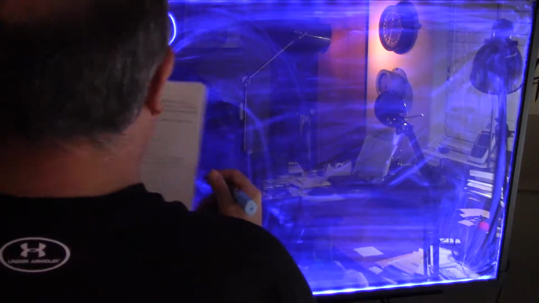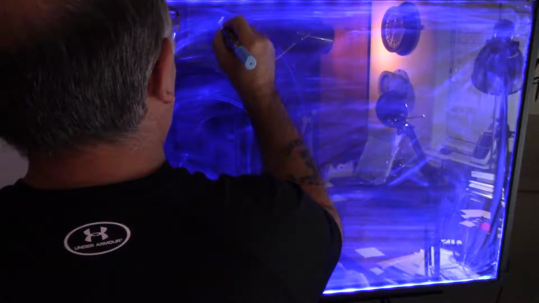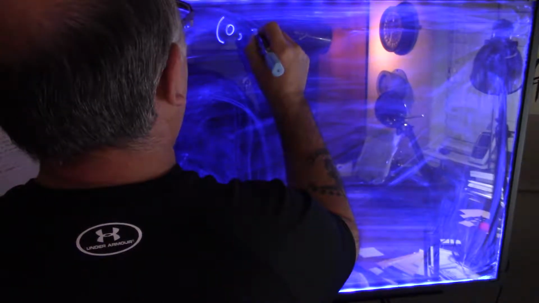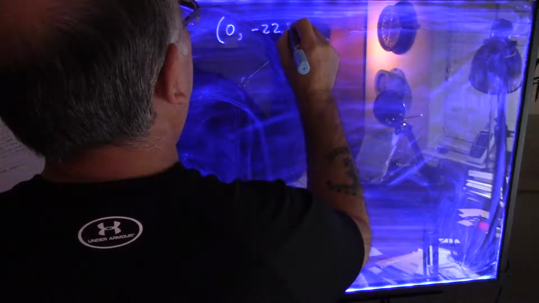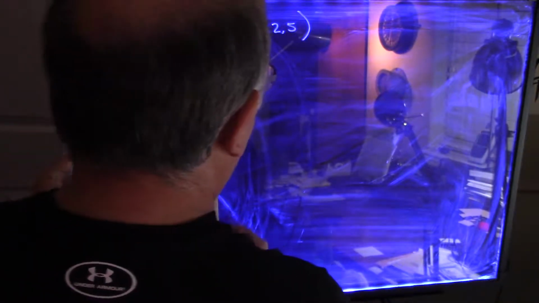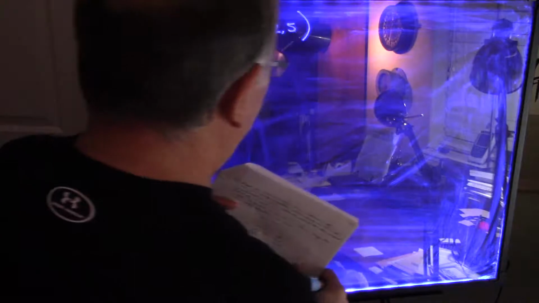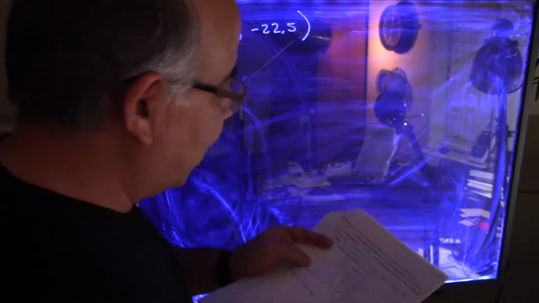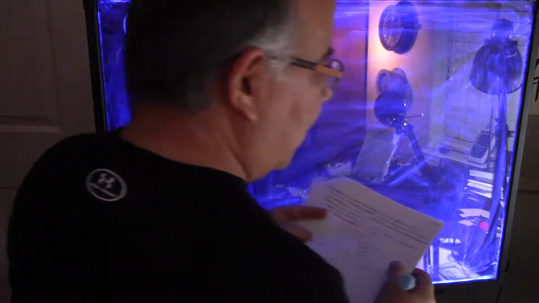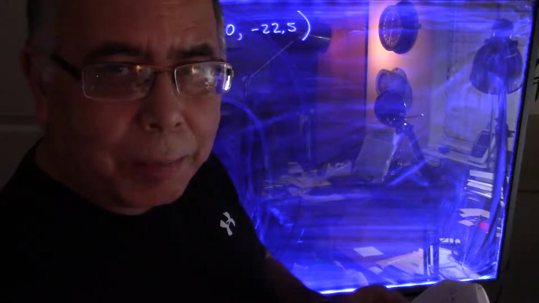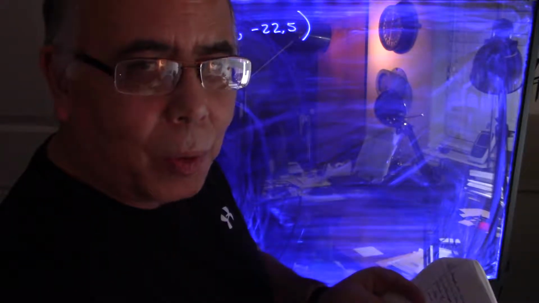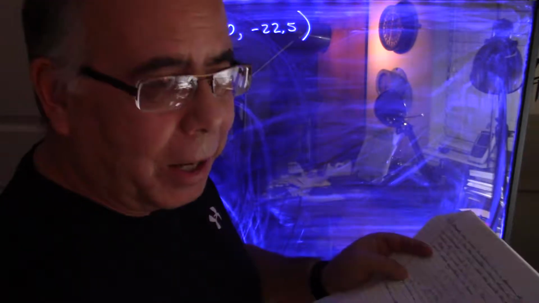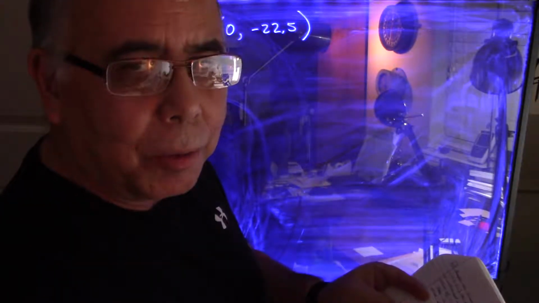So the y-intercept has an x-coordinate of 0, so that's 0, negative 22.5. That's where the line meets the y-axis, and where the line touches the y-axis, the x-coordinate will always be 0. Similarly, for any x-intercept, the y-coordinate will be 0.